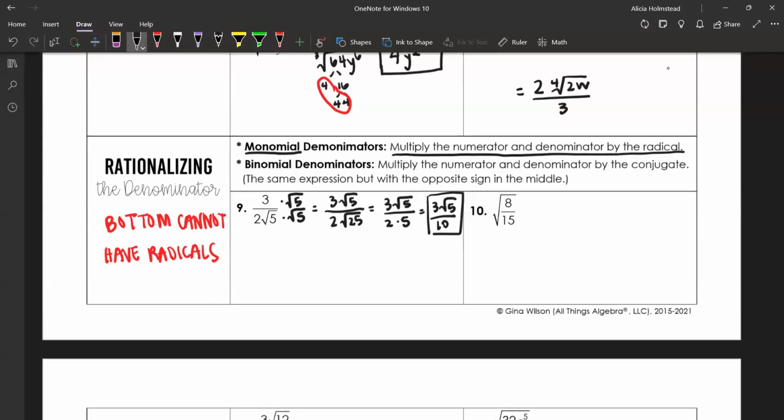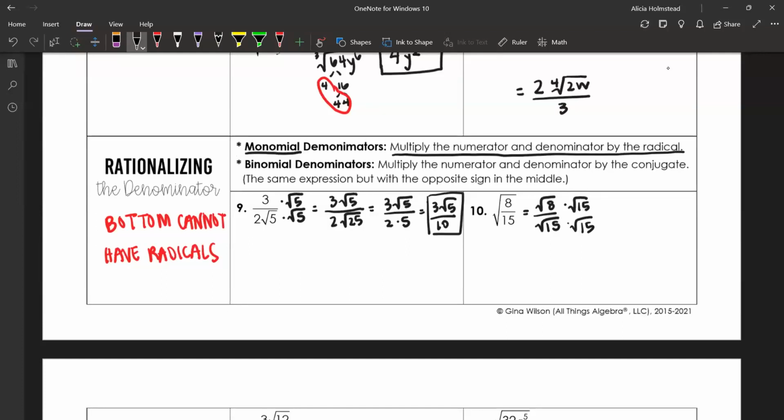Alright, number 10 here. I would first write this as two separate radicals just so that for my brain I can see what the issue is. So we got the square root of 8 over the square root of 15. And then what's the problem? Well, it's the square root of 15 on the bottom, so you have to multiply the top and the bottom by the problem.